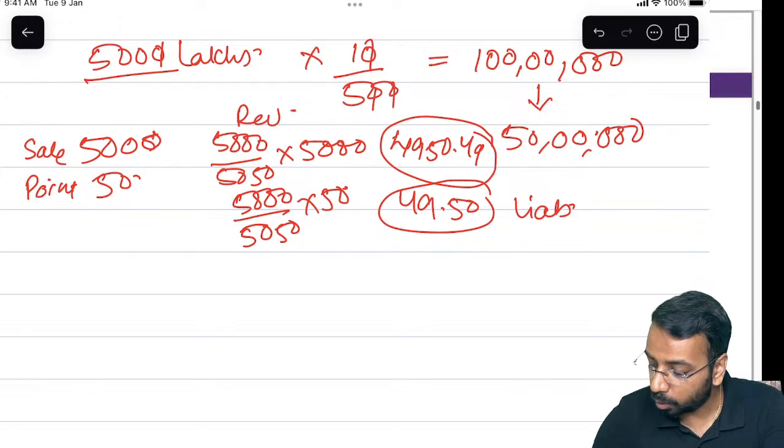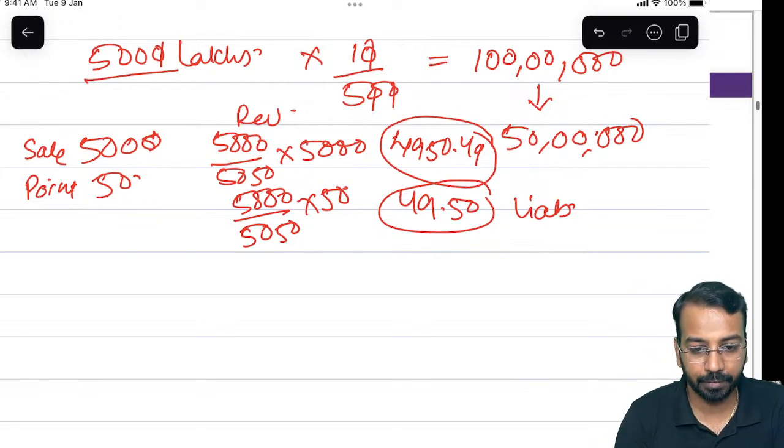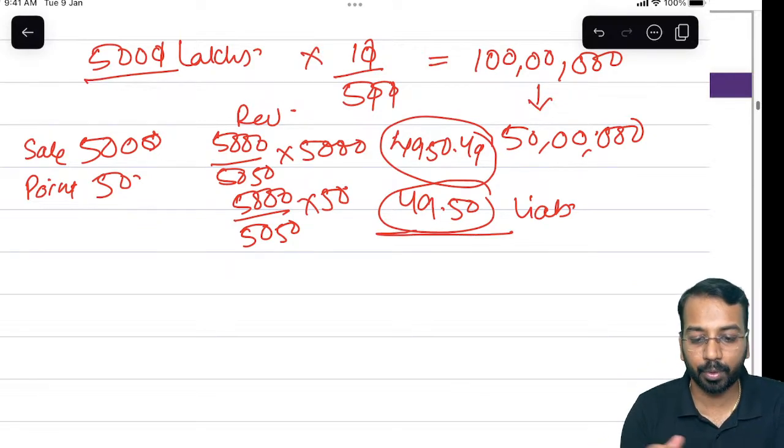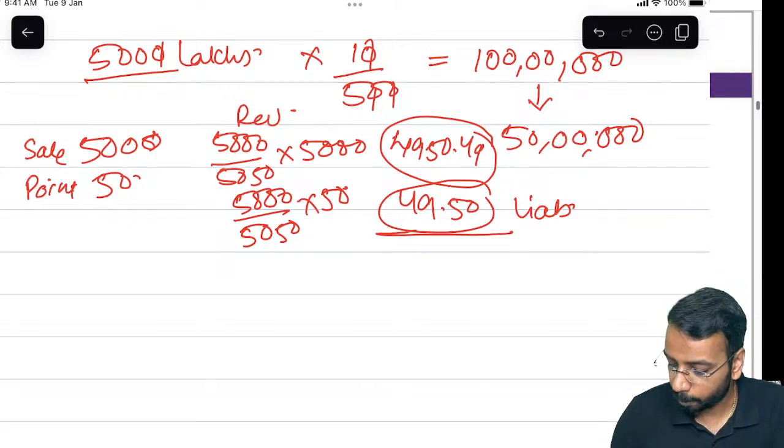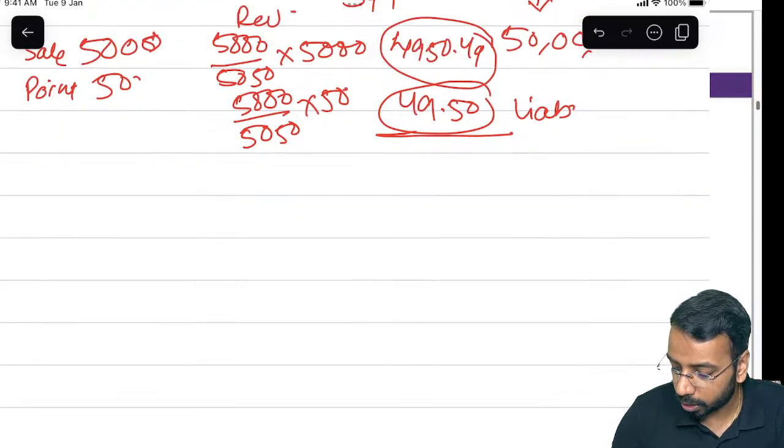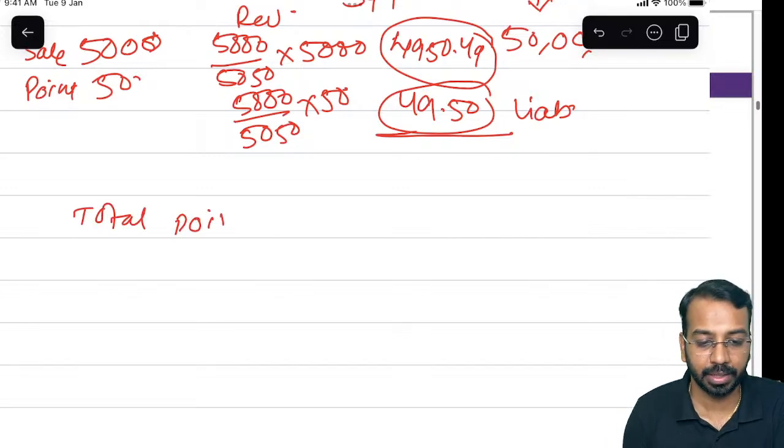Now out of this 49.5, some revenue has to be accounted for in the current period. How much revenue should be accounted for in the current period? See, total points is 100 lakhs, correct?